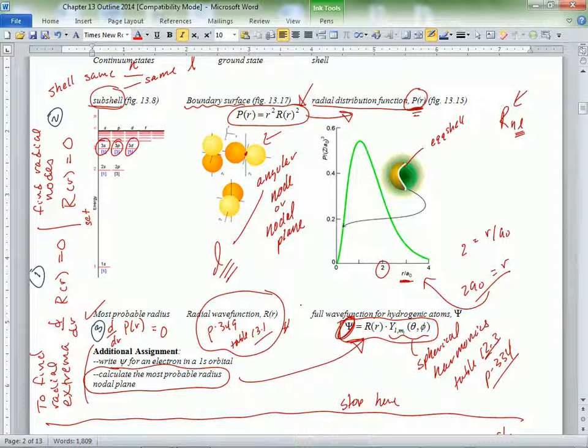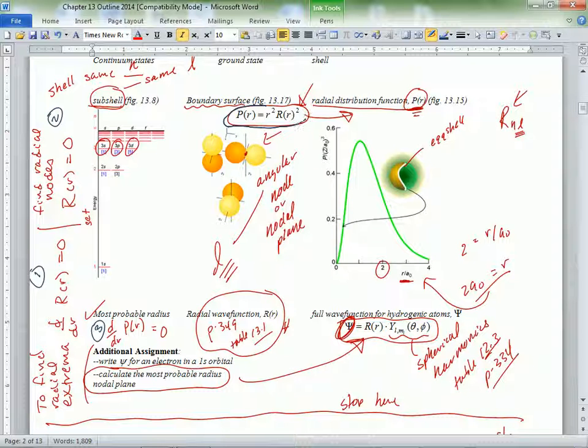R squared times, what do we call it? R squared times the radial distribution function. So you use the terminology because that'll really help you and give some meaning to all this.